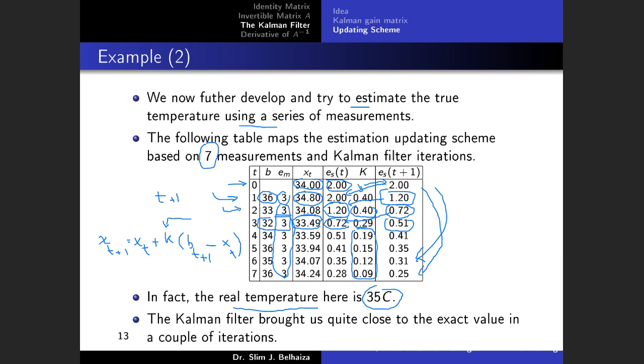We were, in fact, in a couple of iterations, less than 1 degree from the true temperature we're trying to estimate. So what one can say is that the Kalman filter, in fact, brought us quite close to the exact value just in a couple of iterations.